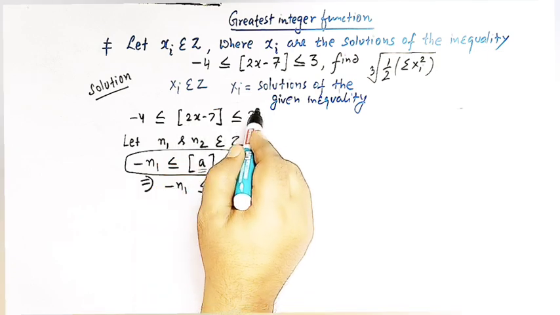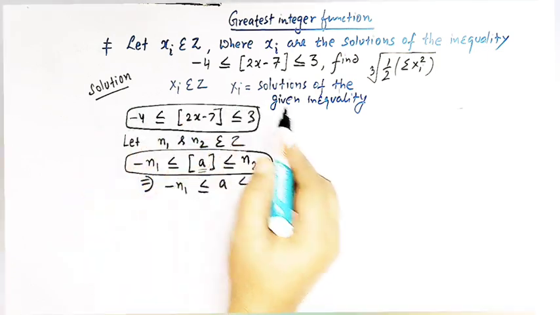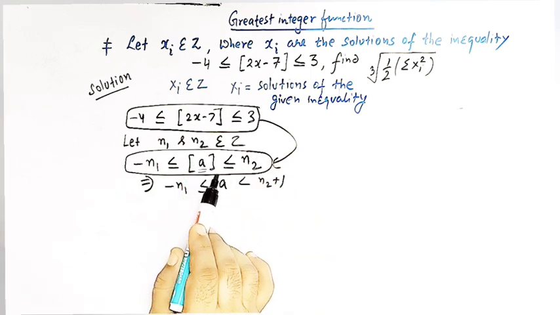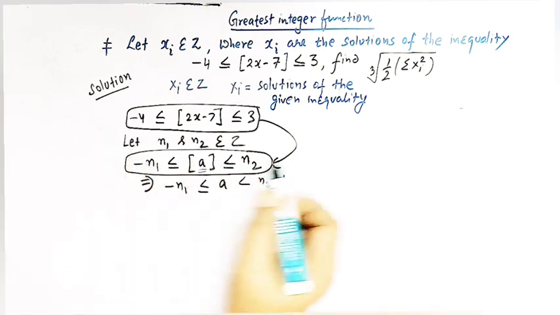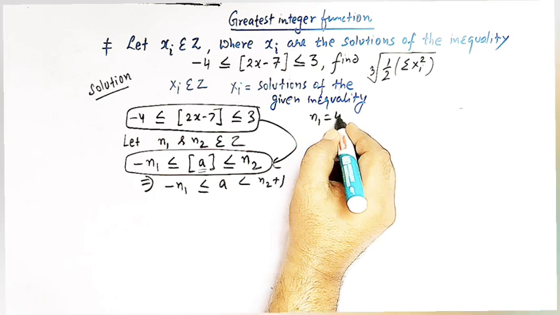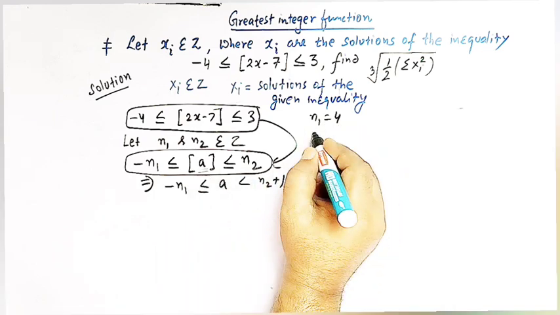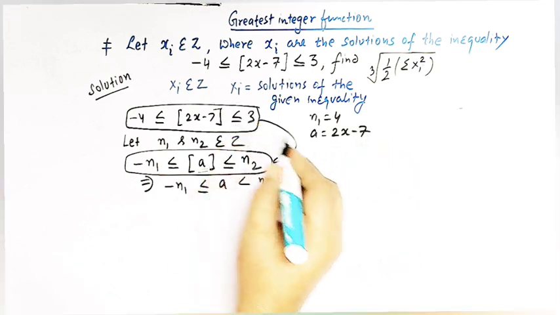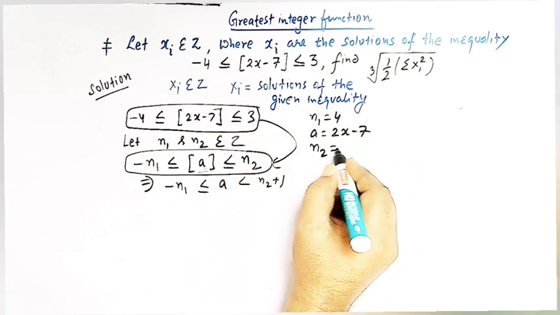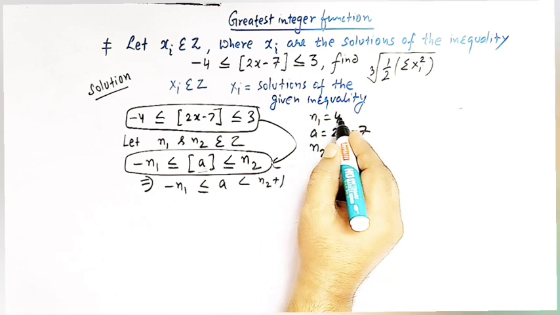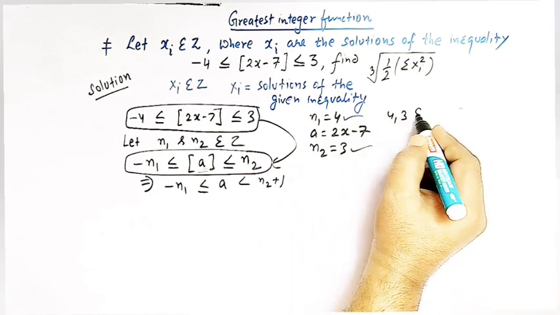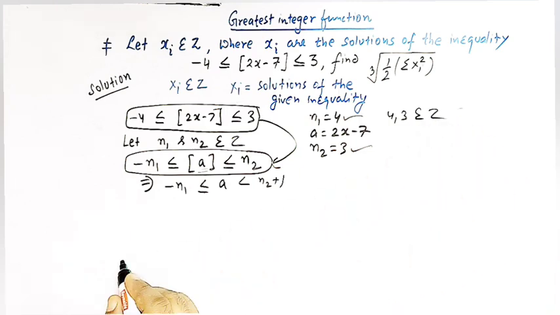So here, when we compare this inequality with this one, n1 is 4, and a is given by 2x minus 7, and n2 is equal to 3. And we can see that both these numbers, that is 4 and 3, belong to the set of integers.